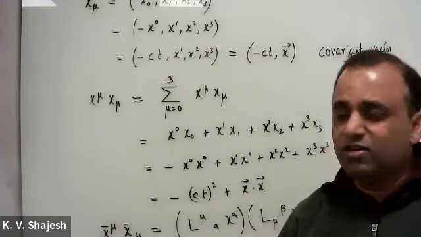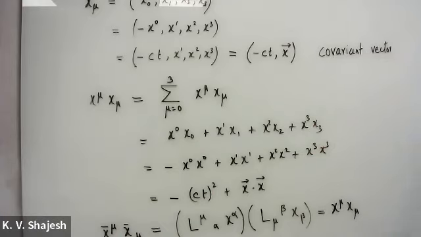The combination doesn't change. So a 4 vector is any 4 components a mu, a0 and a vector A, such that a bar, the Lorentz transformed A, is equal to L mu alpha a alpha.